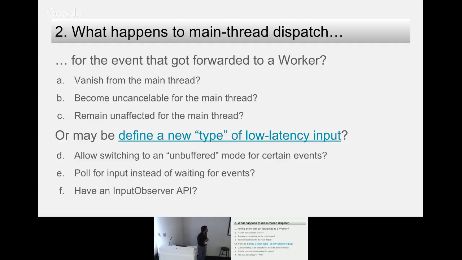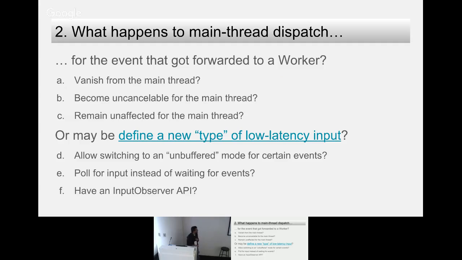So another possibility is following the touch event model, right? The event that is forwarded to the worker thread will become uncancelable in the main thread. So the main thread will know that the event is handled somewhere through this uncancelable bit, right? That solves the pairing problem. If you listen for mouse down and mouse up, you'll still see this event pair in the main thread.